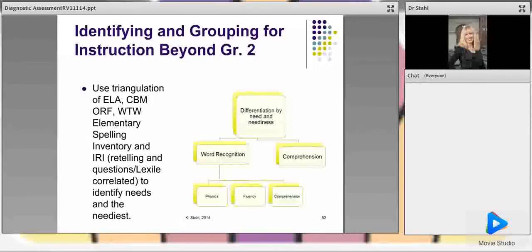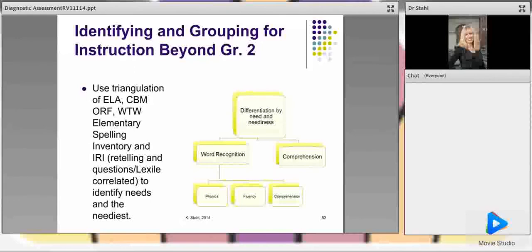If so, we need to put them in this track of intervention that is going to address those word recognition problems and also do more intense diagnostics on phonics and fluency.